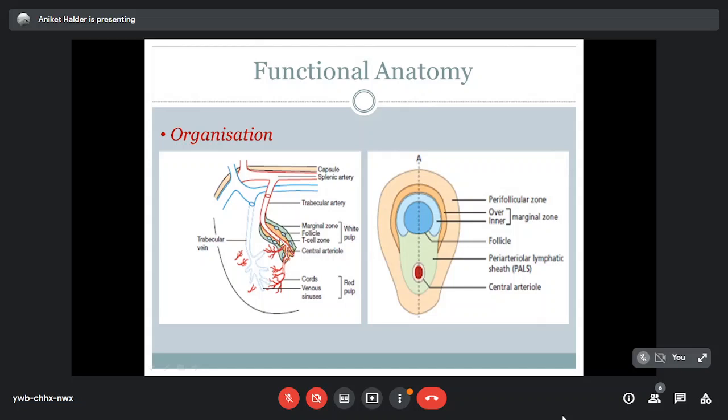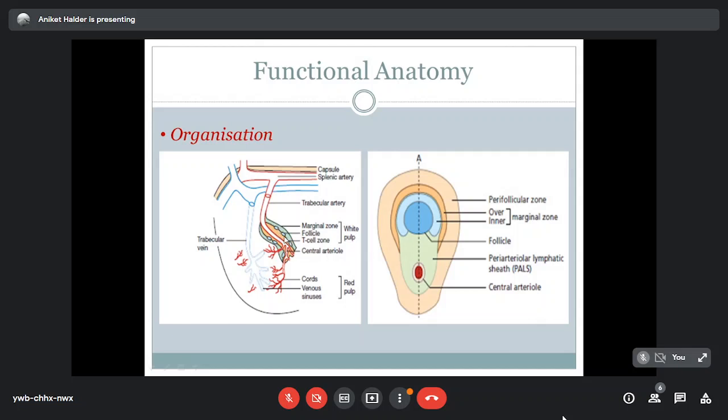This is known as the periarteriolar lymphatic sheath, which is made of lymphoid cells, mainly T cells, rich in the periarterial areas. Along with them, in the periphery, there are follicles and nodules of B cells.